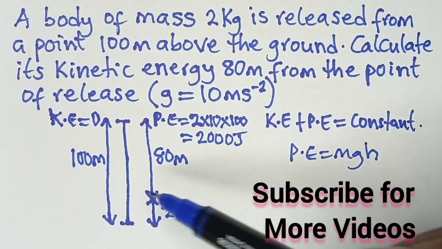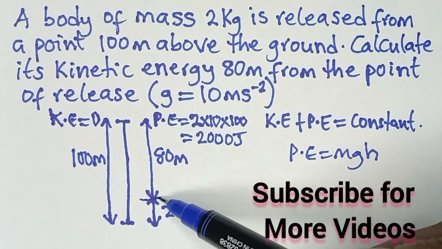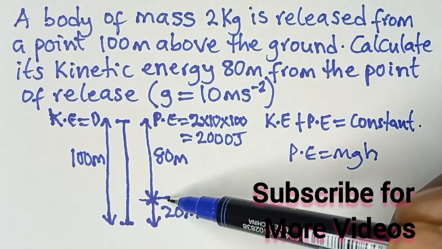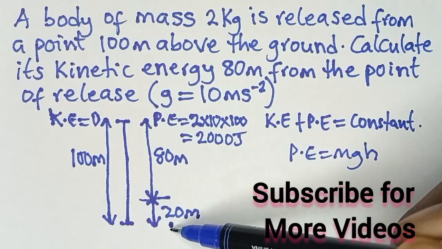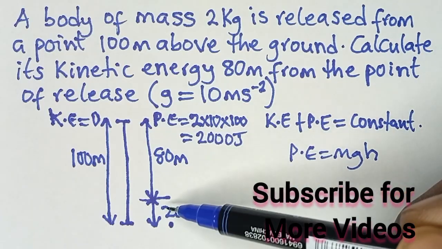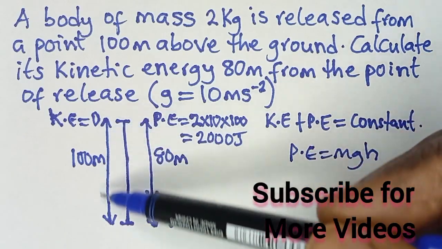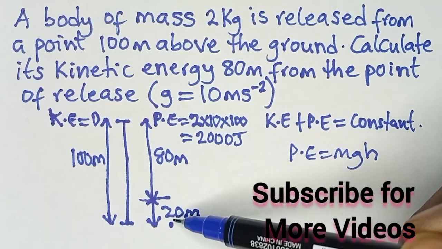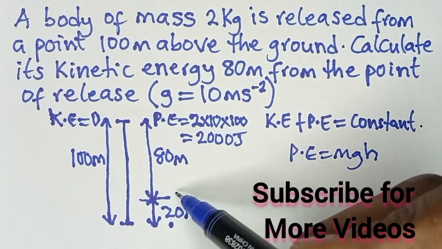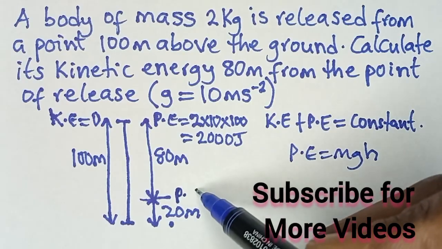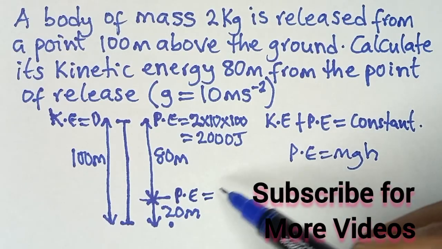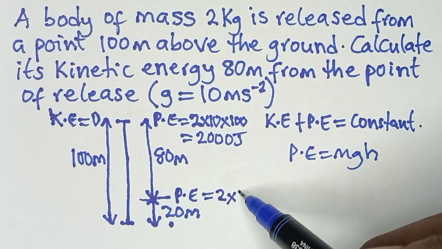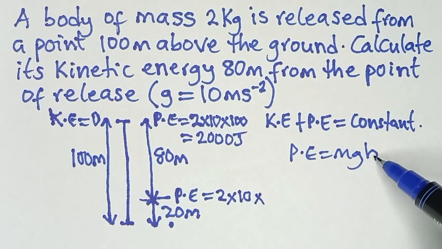Then now, when it gets to this point, so this level now, its height above the ground is only 20. Don't forget, that is 80 plus 20 will give us the total height, 100. So at this level, its height above the ground is 20. So at this point, I can also calculate the potential energy as equal to the mass, which is 2, multiplied by g, which is 10, and multiplied by h.